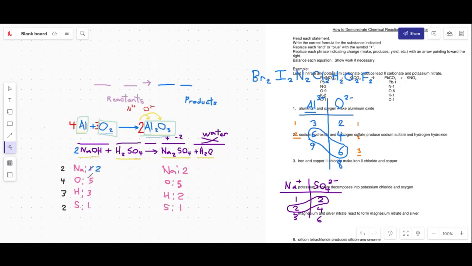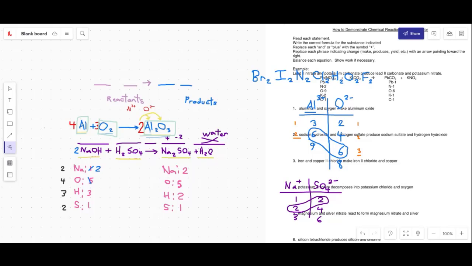That would be 10? Is it not 2 times? Is it on just the left side? It only multiplies the substance that the coefficient is in front of. So you see that plus sign?